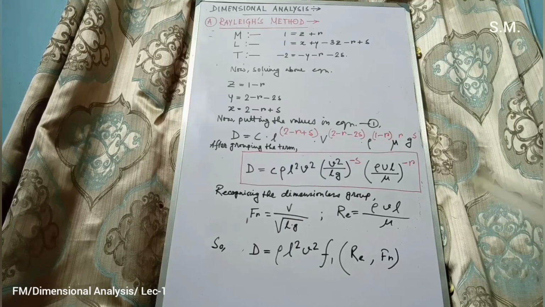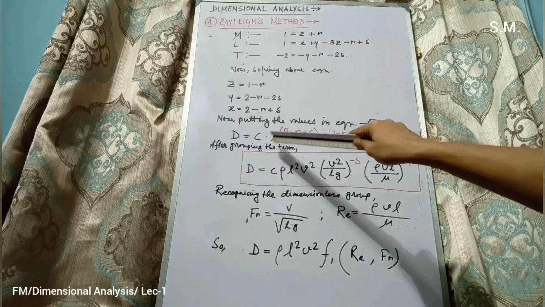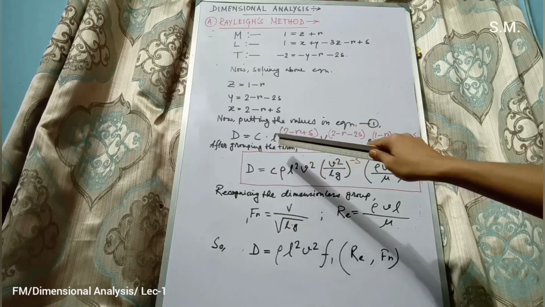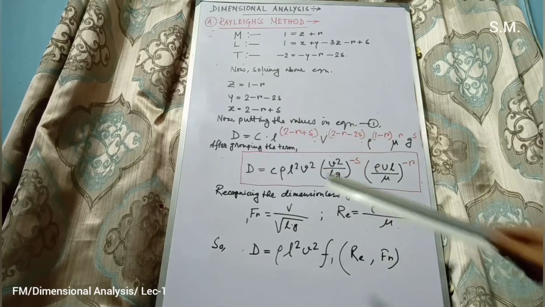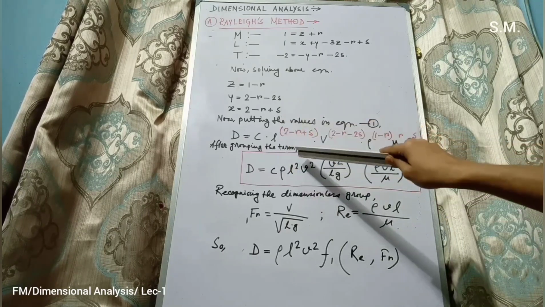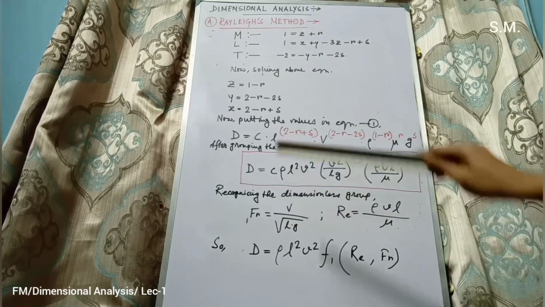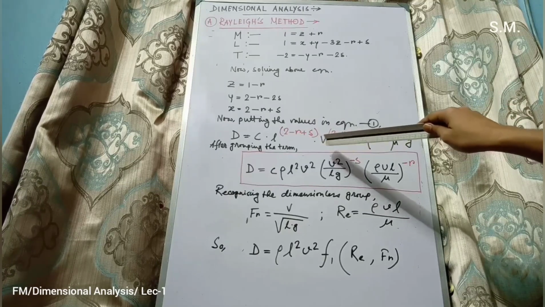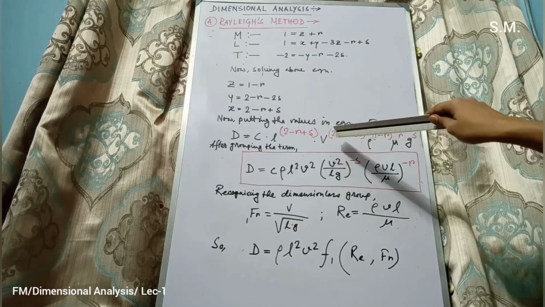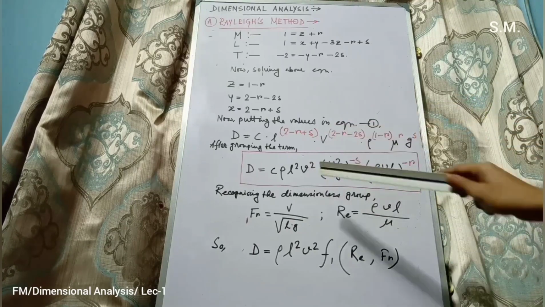Then after that we put L. The numeric power is 2, so it becomes L square. Then in this equation we find V, and the numeric power of V is 2, so we put here V square.